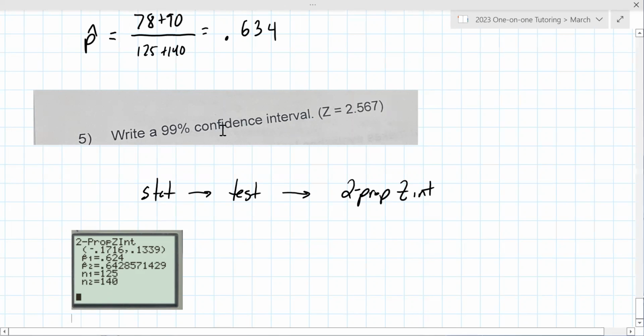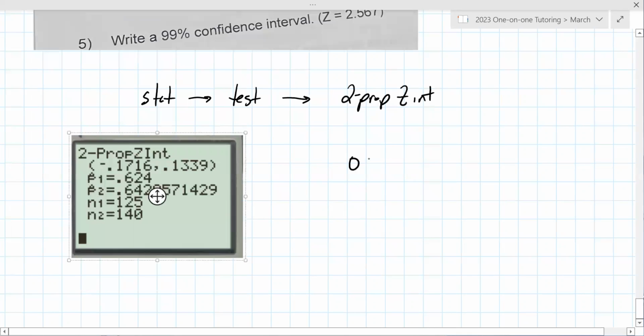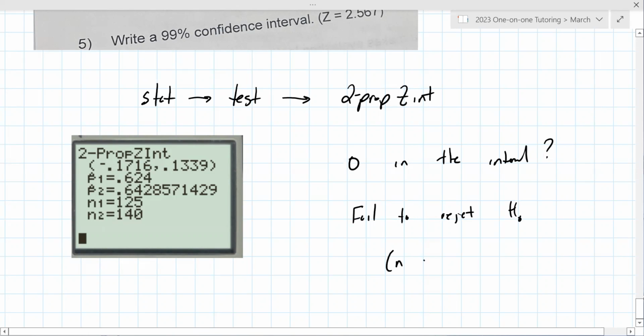Very good. Now we talked about kind of an important thing here. Is zero in the interval? Yes, it is. So that's not good because you fail to reject the null hypothesis. I know you don't have one here, but that is essentially what it is. If zero's in the interval, that means there is no difference between them.